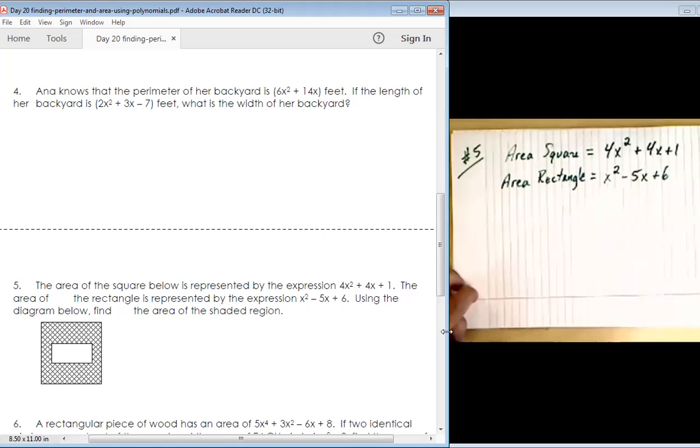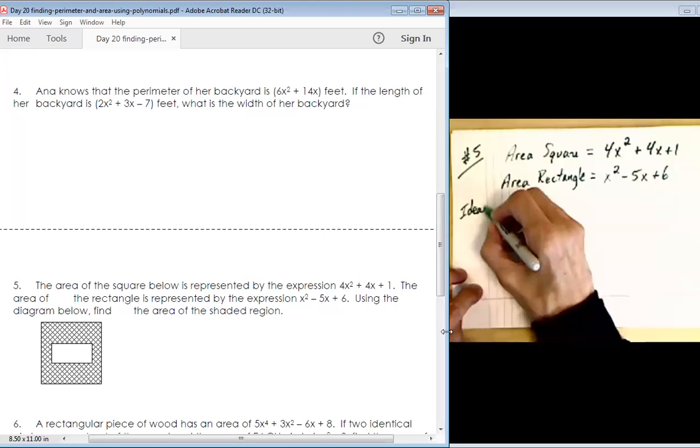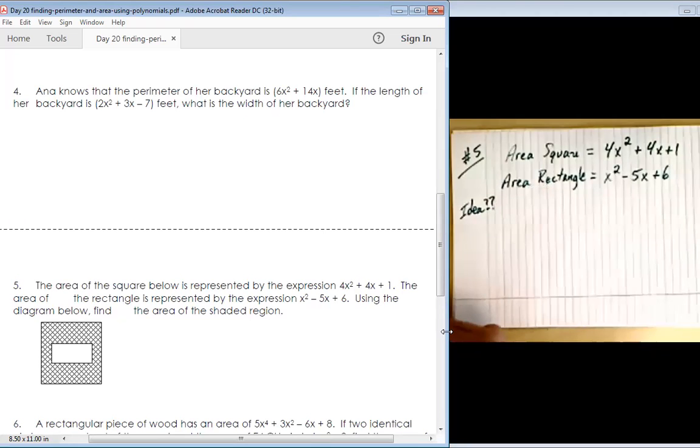Okay. Well, good people, what's the idea? What are we going to do? How are we going to do this? If you can, think back to not yesterday, 2 days ago.